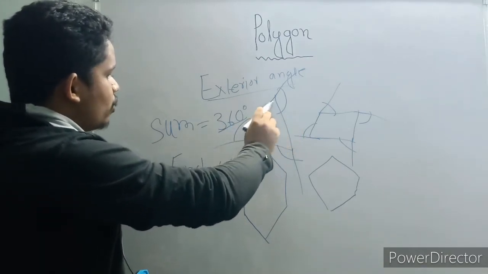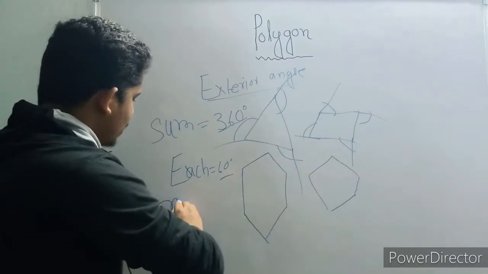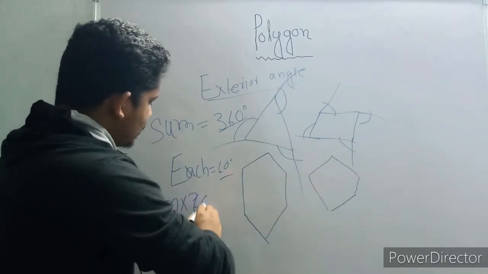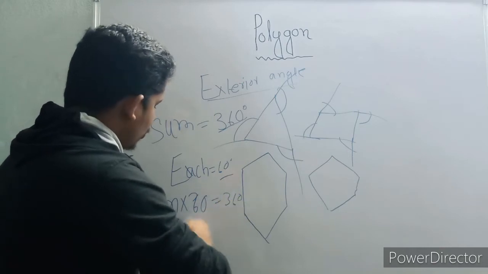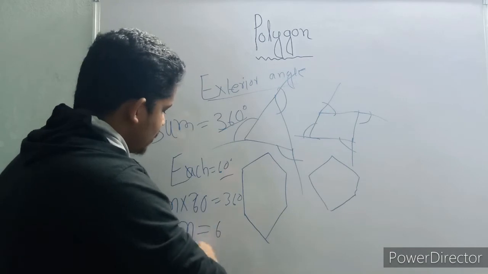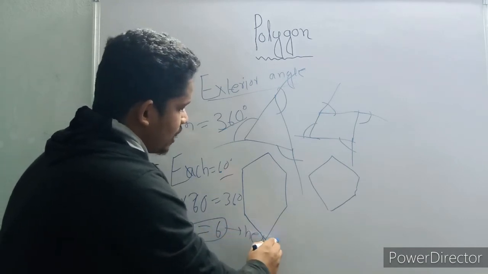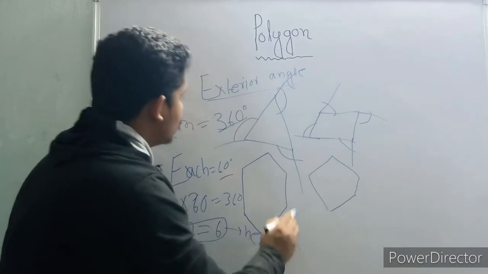You know the total sum of the exterior angles is 360 degrees. If the number of sides is n, then n into 60 is equal to 360 degrees. So n is equal to 360 by 60, which is 6. So the polygon is a hexagon. This type of question is normally asked in competitive exams also.